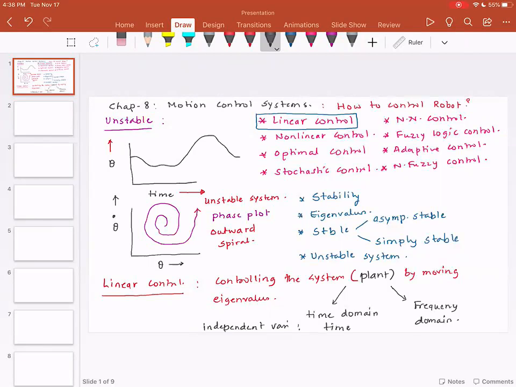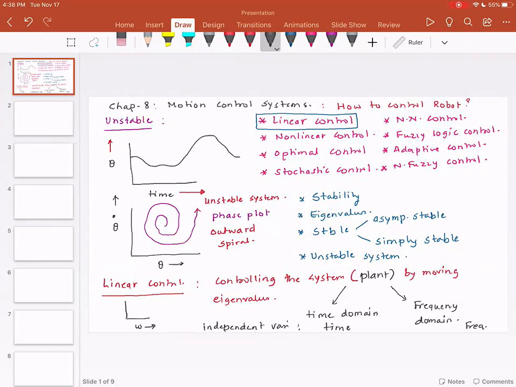And in frequency domain, the independent variable is frequency. So when you try to understand the response in frequency domain, you will still have a plot similar to this, but here you are going to have frequency on the x-axis. And on the y-axis, you will have your dependent variable, and we will talk about what dependent variables exist.